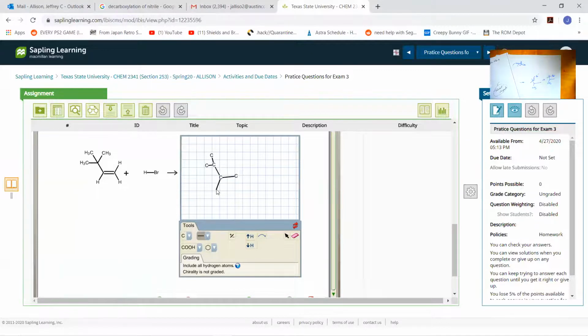Now I'm going to do all the hydrogens last. The next thing I want to tackle is putting in the bromine. Okay, and now I'm going to do my hydrogens. See this up arrow with the hydrogens? If you use that and you hover over an atom and click on it multiple times, it will pencil in the hydrogen atoms for you, but you've got to make sure that you get them all in place.